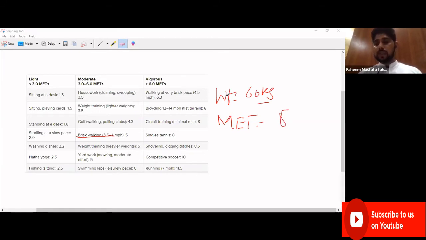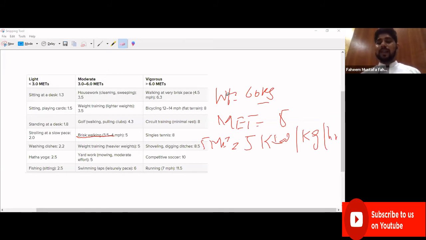So 5 Met score is equivalent to 5 kilocalorie per kg per hour.